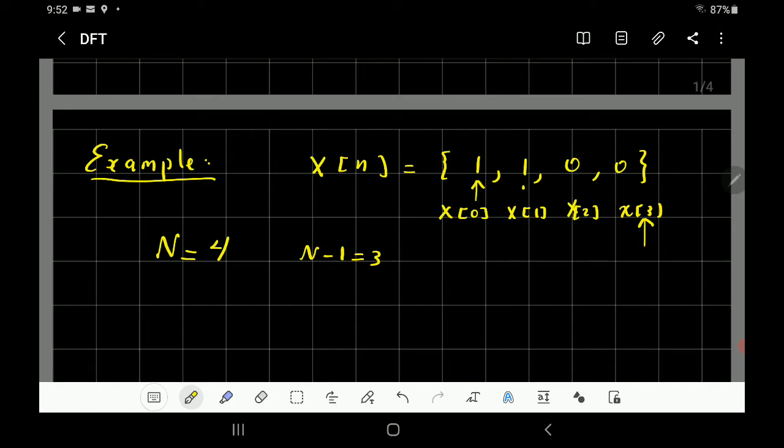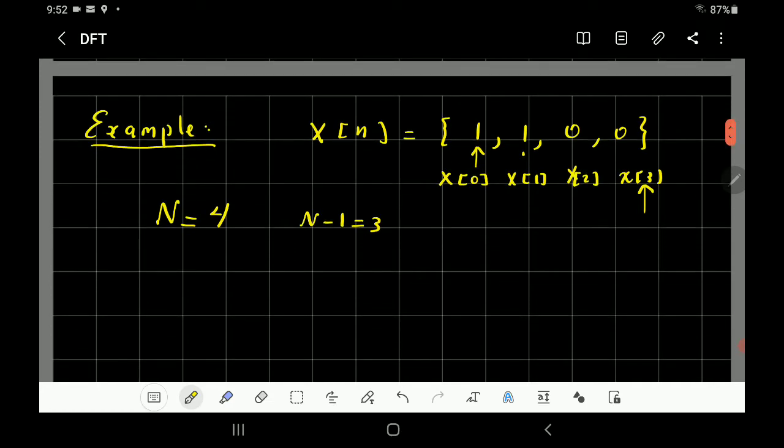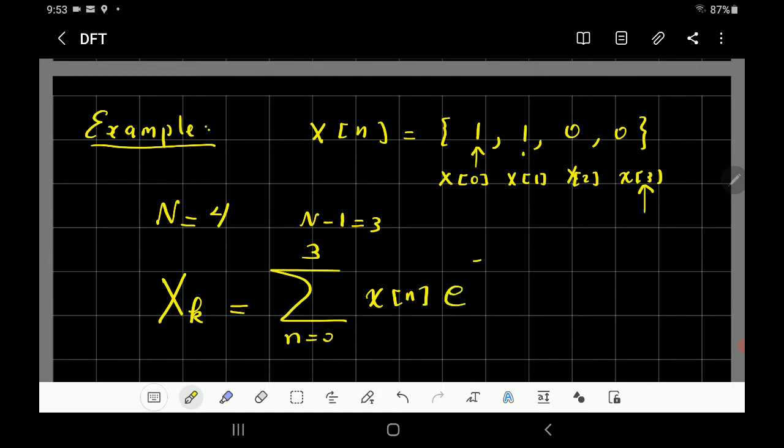How can you perform? I'm going to use the formula. Capital X represent the signal in frequency domain equal the summation from n equals 0 up to n minus 1. N minus 1 is equal 3. So we are going to replace it by 3. x of n, we'll leave it here because it's changing according to n. Multiplied by e power minus j.